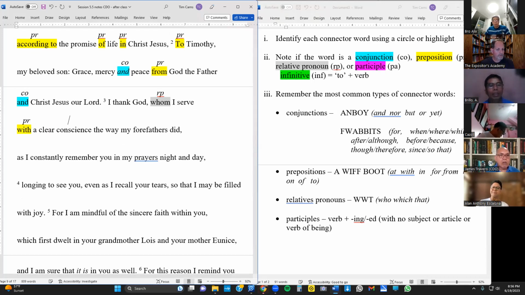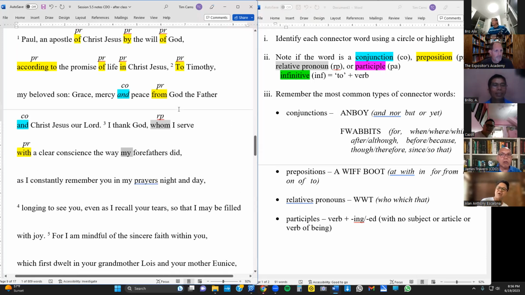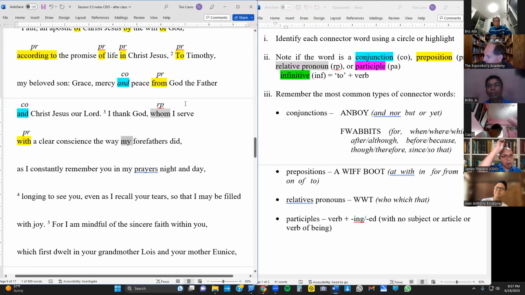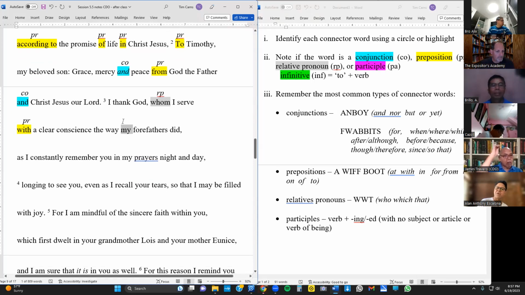"My forefathers." Okay, what kind of connector word is that? I think possessive pronoun. Actually, "my" is a pronoun, so it's not a connector word here.